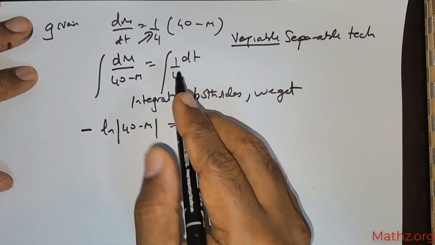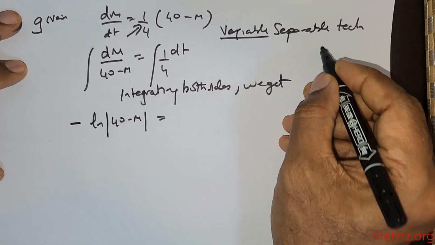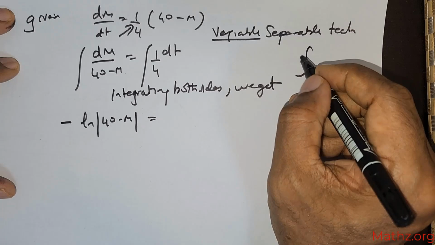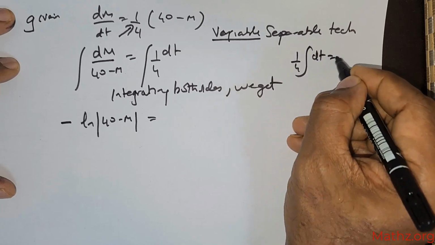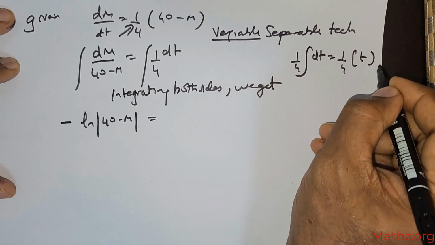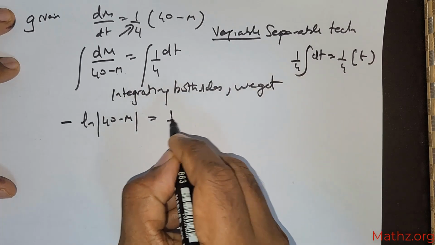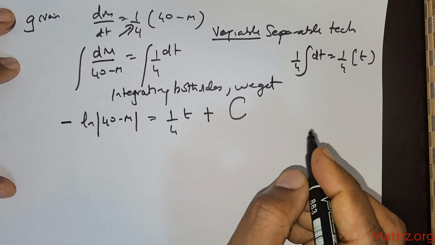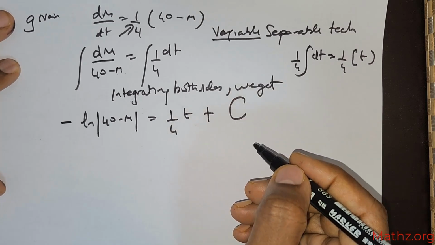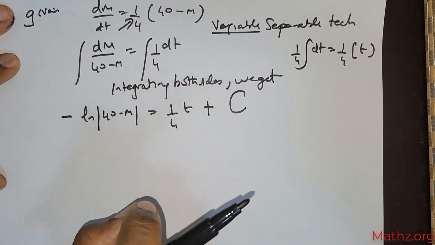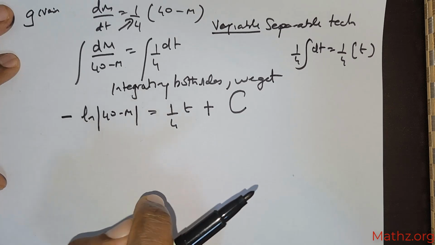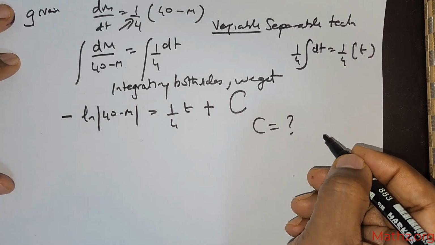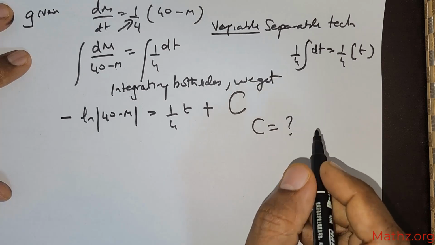What is this on the right? This is 1 over 4 times the integral of dt, which is nothing but 1 over 4 times t, plus an arbitrary constant c. Now we need to get this c value. So that's exactly what I'm going to do.